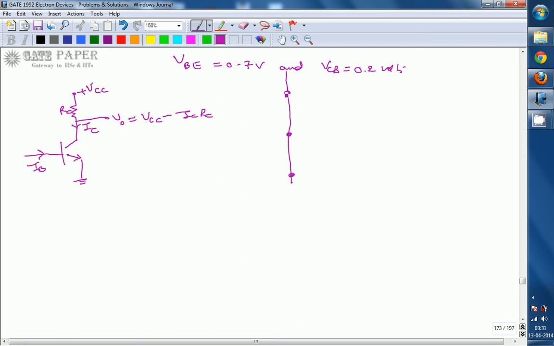The first one is related to IB, the second one is related to IC, and the third one is V0. Here V0 is nothing but VCE, the voltage from collector to emitter, because the emitter is at ground. So we will go with VCE.